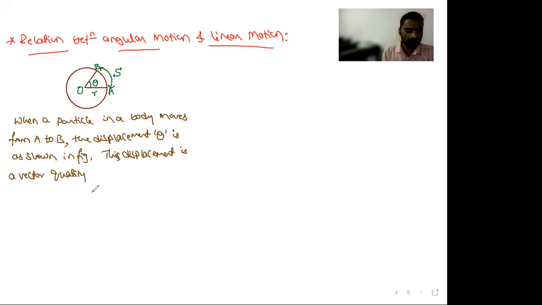The displacement is a vector quantity since it has magnitude and direction.